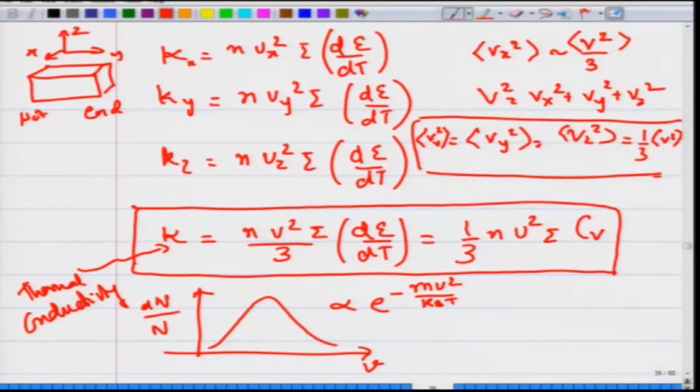If you calculate, using this Maxwellian distribution, the mean square velocity of the electrons, you can show that it is equal to 8 kBT by pi m, where m is the mass of the particle, which in this case is the mass of the electron, because whether it is particles in a gas, or here a gas of electrons, m is the mass of those particles constituting the gas, and in Drude's model we have a gas of electrons, so m is the mass of the electron.